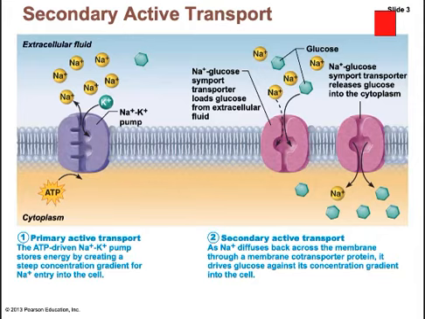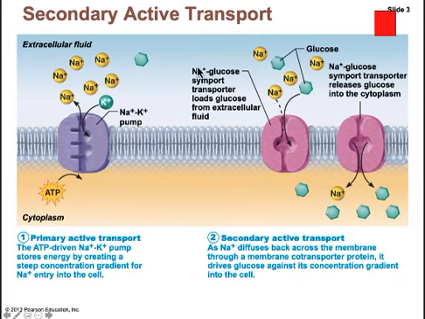An example is the sodium glucose symporter, which utilizes the gradient set up by the sodium potassium ATPase in order to drive glucose into the cell against its concentration gradient. So the way that this works is that the ATPase is kicking out 3 sodiums for every 2 potassiums it pumps into the cell for every ATP burned.